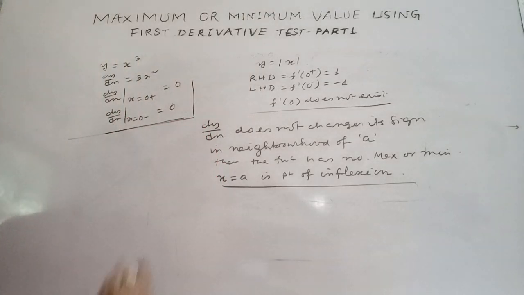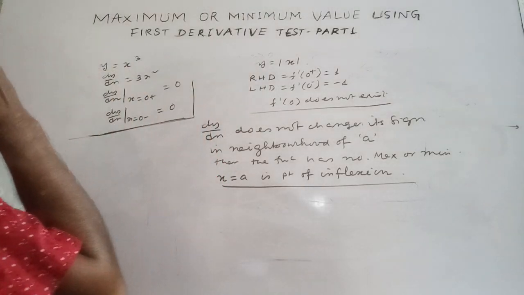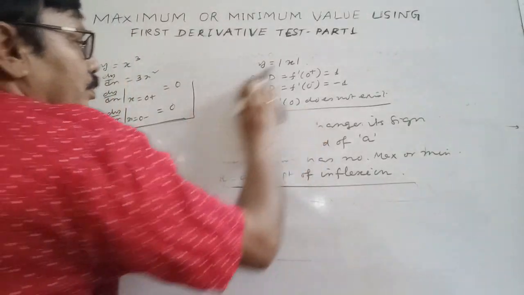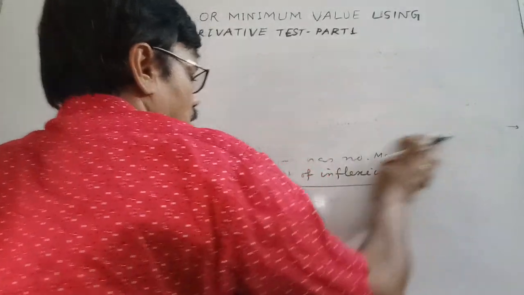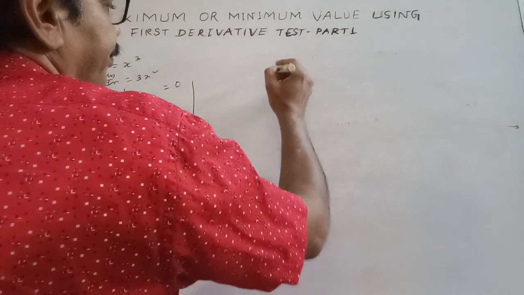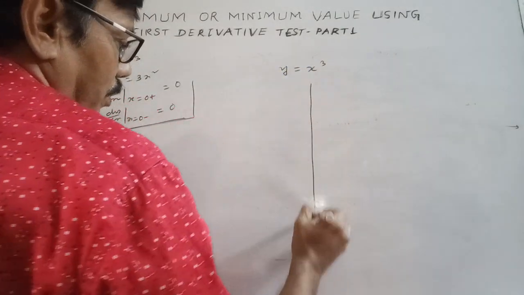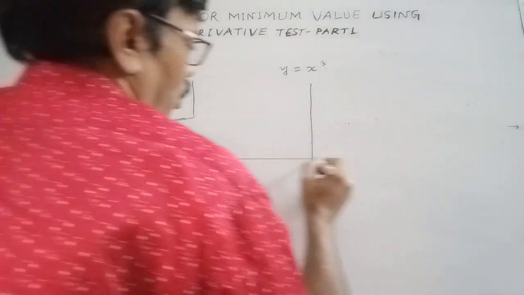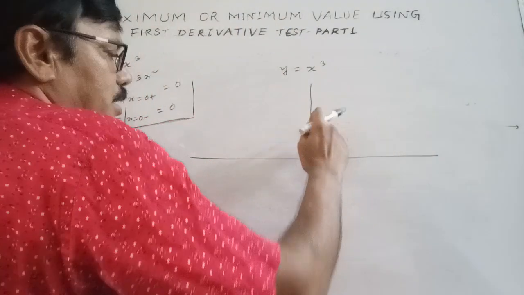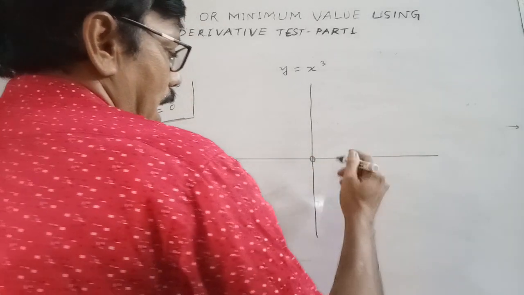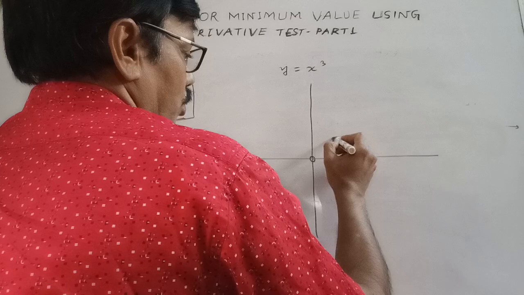Now it will be clear if you draw the graph of y equals to x cube. What is the graph? At x equals to 0, you are getting 0. At x equals to 1, it is 1.